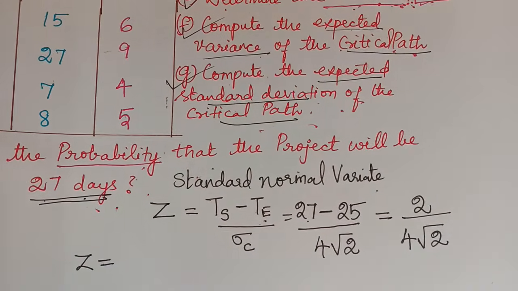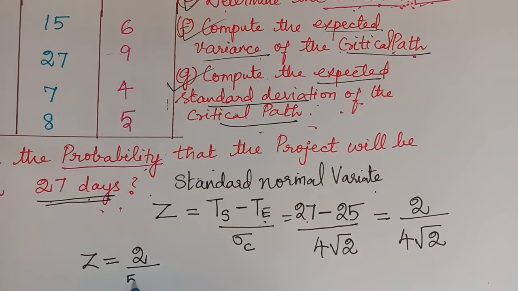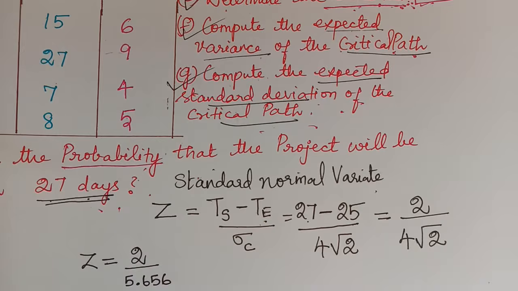So in the numerator we have 2, divided by, in the denominator, 5.656.